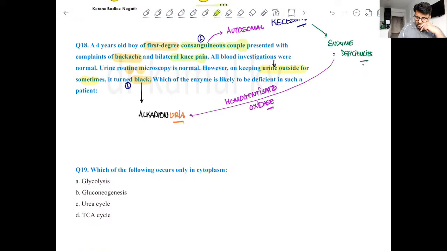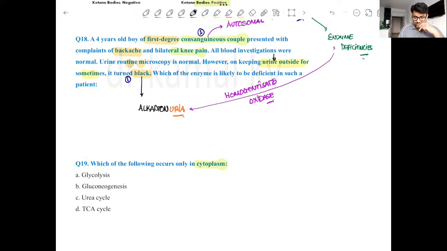Now, which of the following occurs in cytoplasm? Now, to answer this kind of questions, you have to look at the options first. So like Krebs cycle, it occurs only in mitochondria, and you must have heard that this does not occur in RBC.